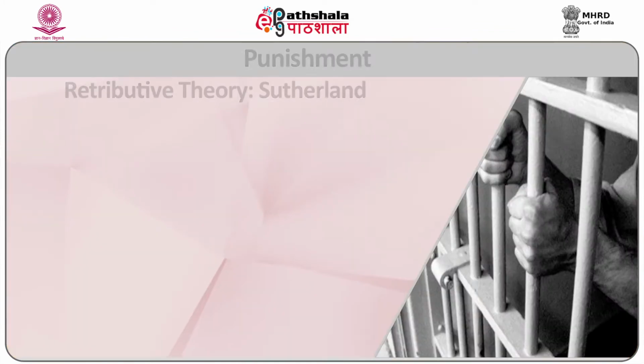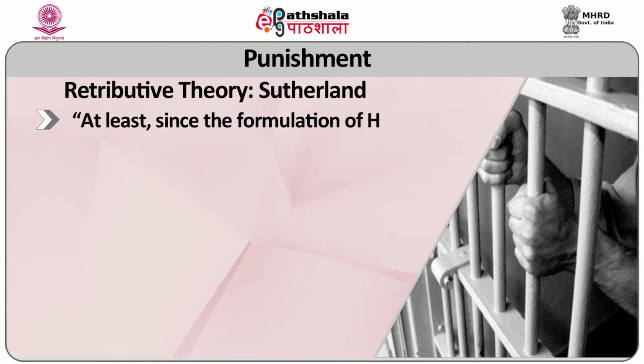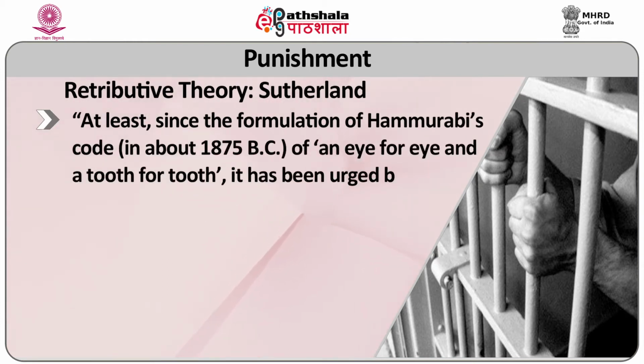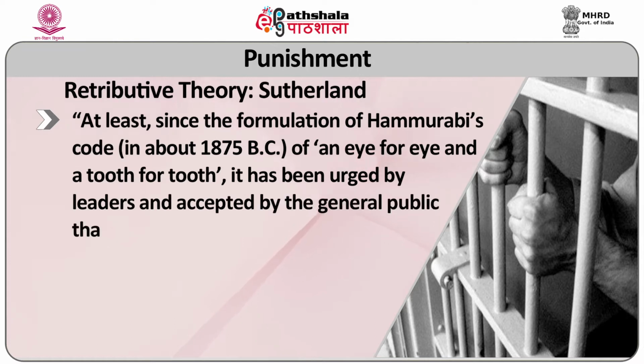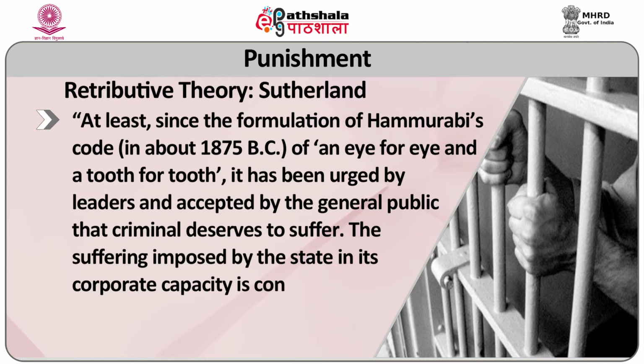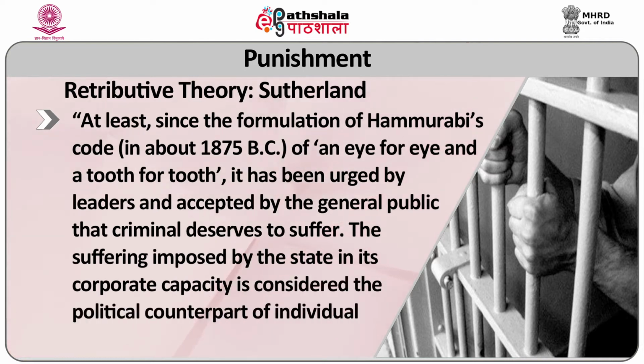According to Sutherland, at least since the formulation of Hammurabi's code in about 1875 BC of an eye for an eye and a tooth for a tooth, it has been urged by the leaders and accepted by the general public that the criminal deserves to suffer. The suffering imposed by the state in its corporate capacity is considered the political counterpart of individual revenge.